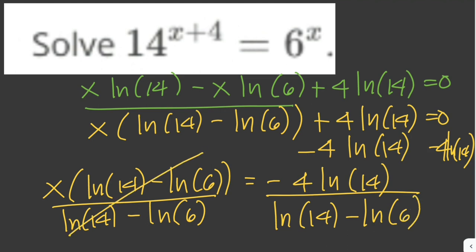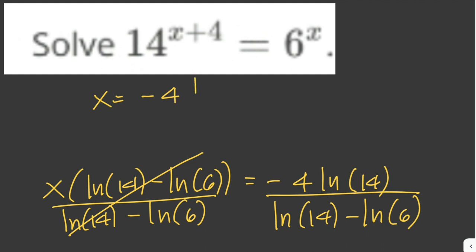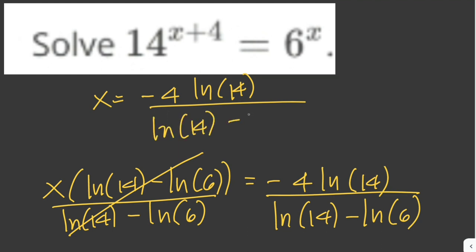This cancels out. And then the value of x would be equal to negative 4 ln of 14 over ln of 14 minus ln of 6.